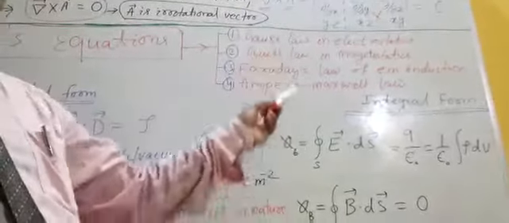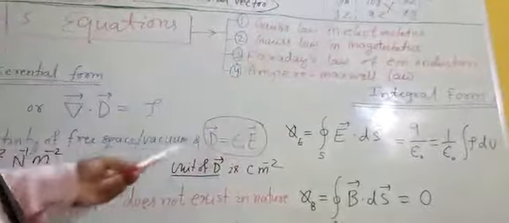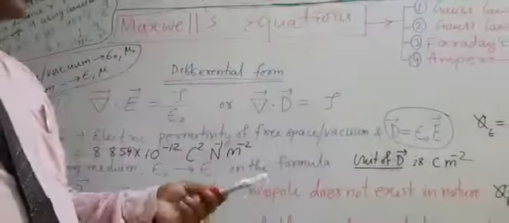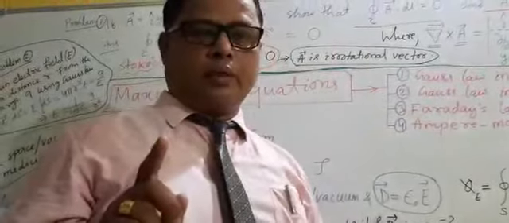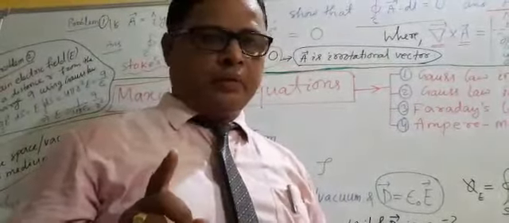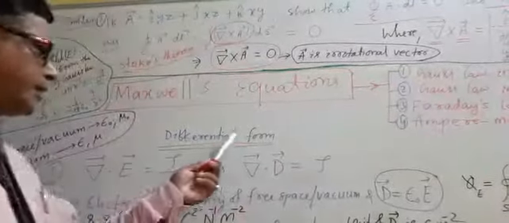So 4 laws are there. Maxwell's equations can be expressed in 2 ways: in differential form and in integral form.